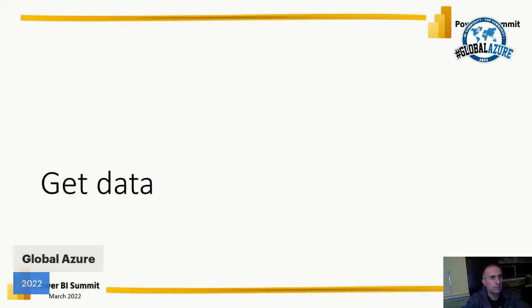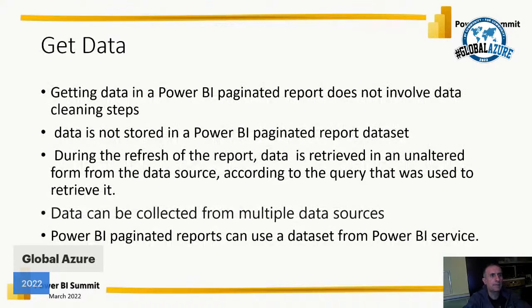Let's now have an overview of how we can get data into our paginated reports. There are several specifics when we need to get data for Power BI paginated reports. Power BI paginated reports can collect data from different sources.